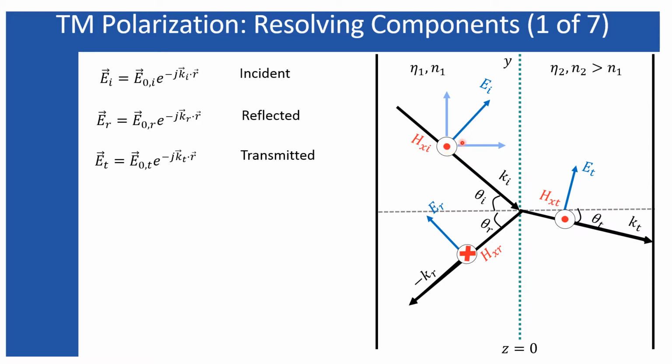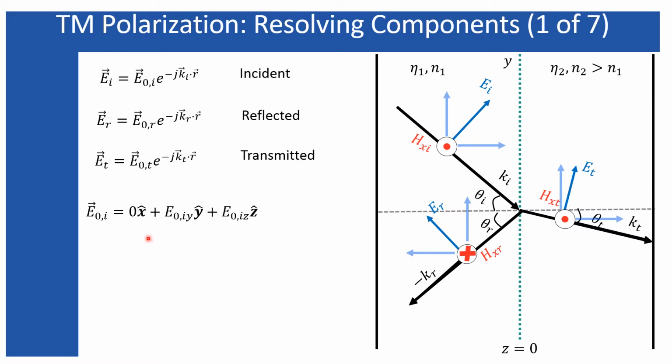So the electric field will be within the yz plane. Therefore, you need to consider two separate components for this electric field, one parallel to the y direction and one parallel to the z direction, and all such things must be considered for the reflected field and the transmitted field also.